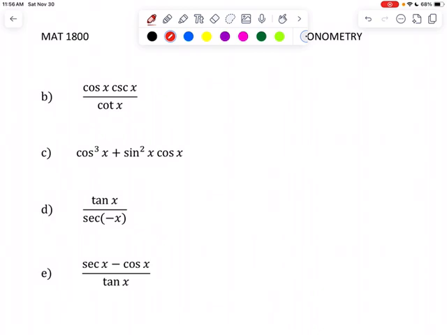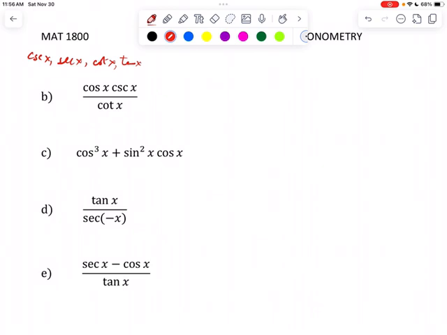Whenever you are given an expression or an identity which involves secant, cotangent, cosecant, and even tangent, and no sine or cosine, you can leave them as they are.